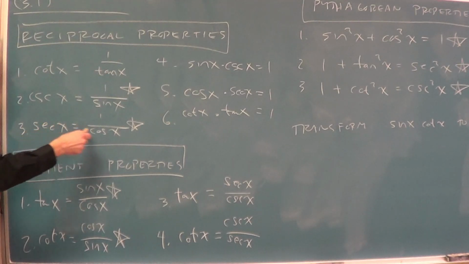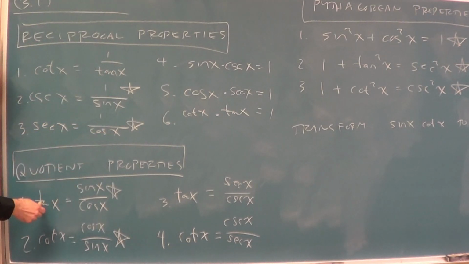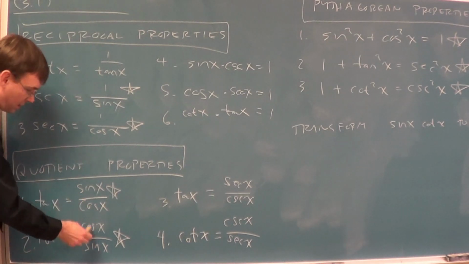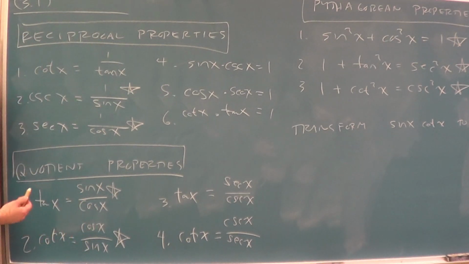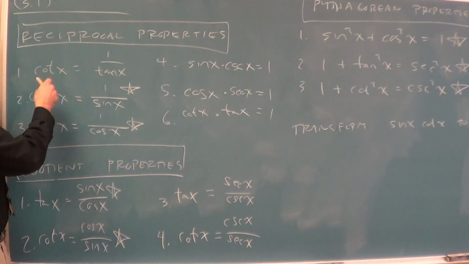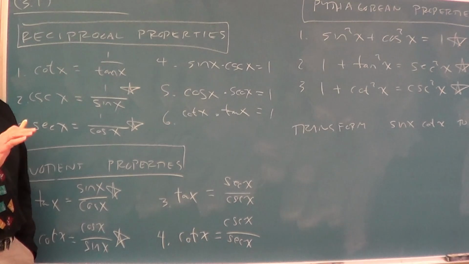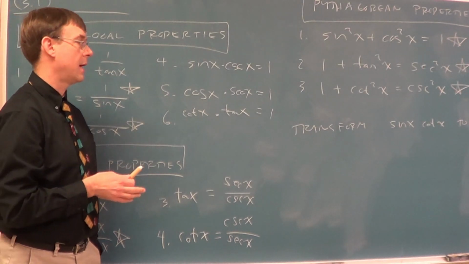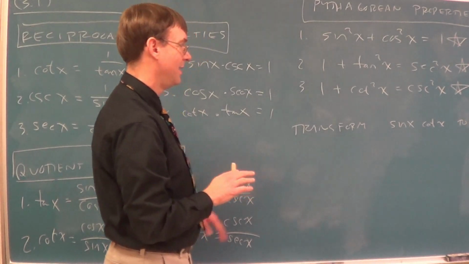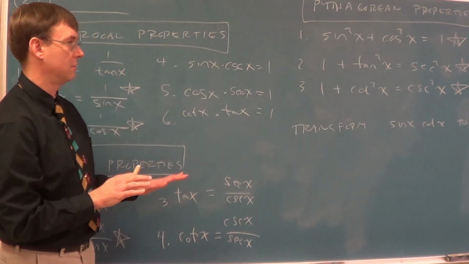If you see secant, you can make it into cosine stuff. If you see tan, you can make it sine and cosine stuff. If you see cotan, make it cosine and sine stuff. If you can turn everything into sines and cosines only, and act like none of those other words ever existed, it'll make your life generally simpler. So my first bit of advice for the chapter, and I'll keep referencing back to it, is make as much stuff as you can sines and cosines.